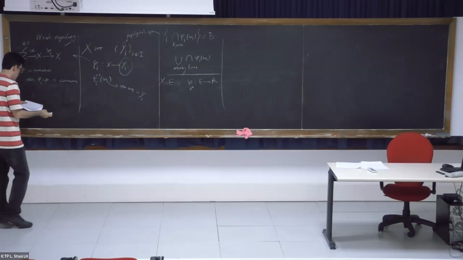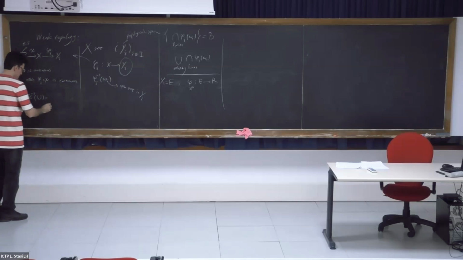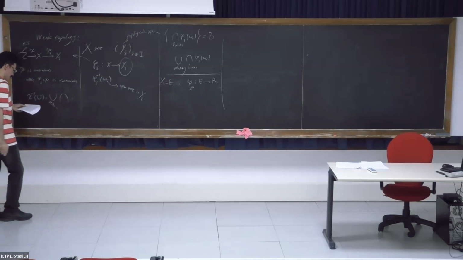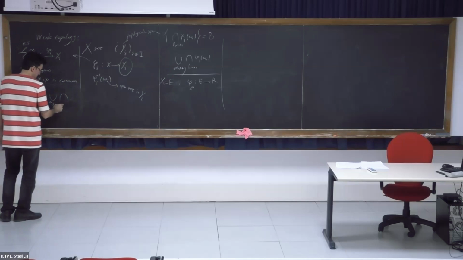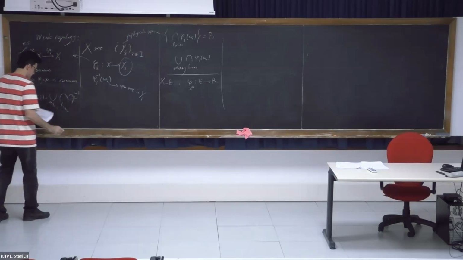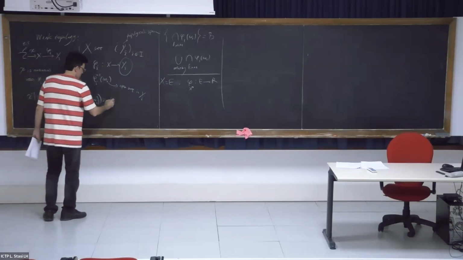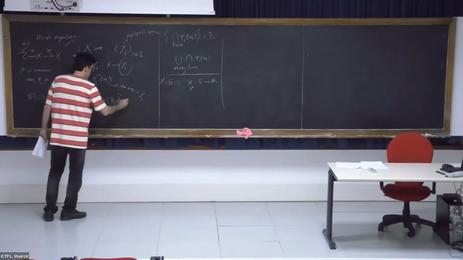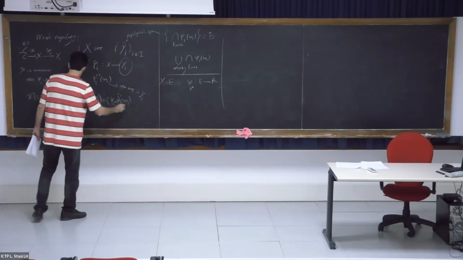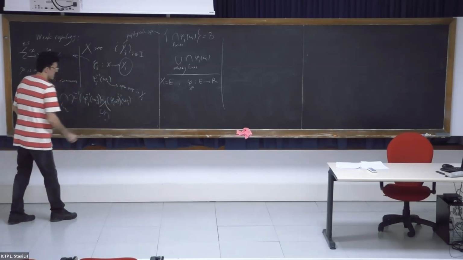It's easy to show that because we just need to use some elementary properties of set theory, like the arbitrary union and finite intersection, and psi inverse of phi i inverse of omega i is exactly the preimage under phi i composed with psi of omega i here, and the union and intersection are here.